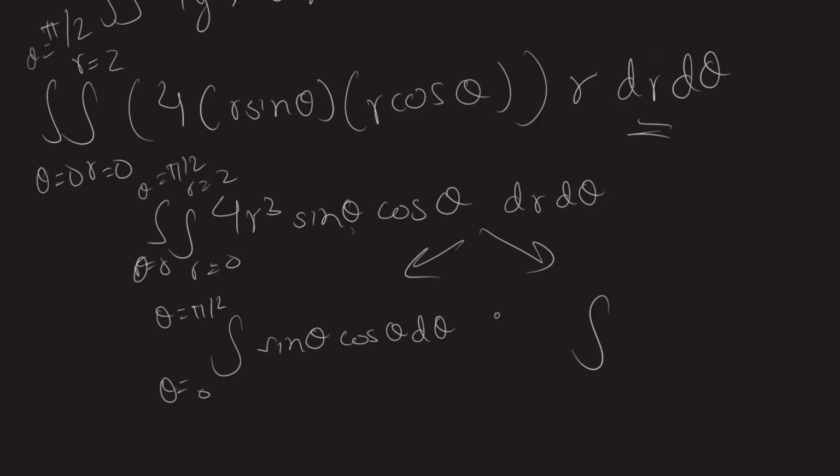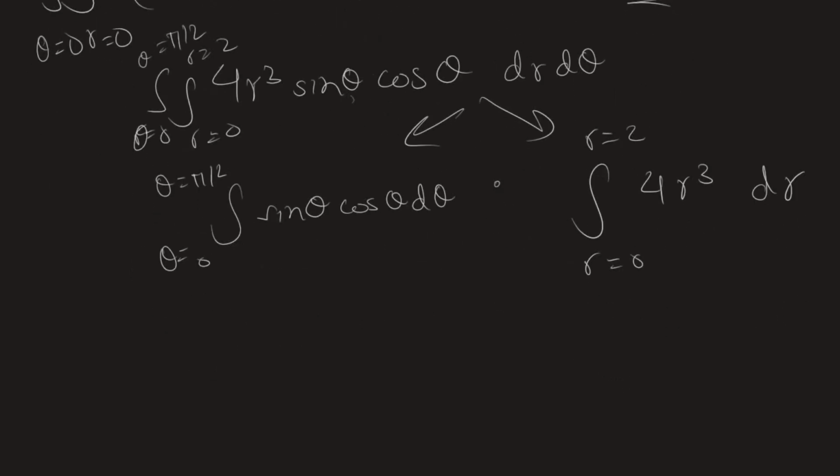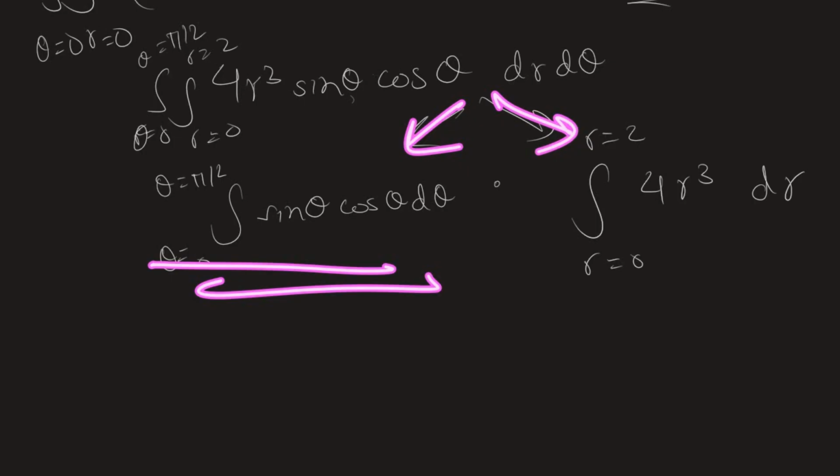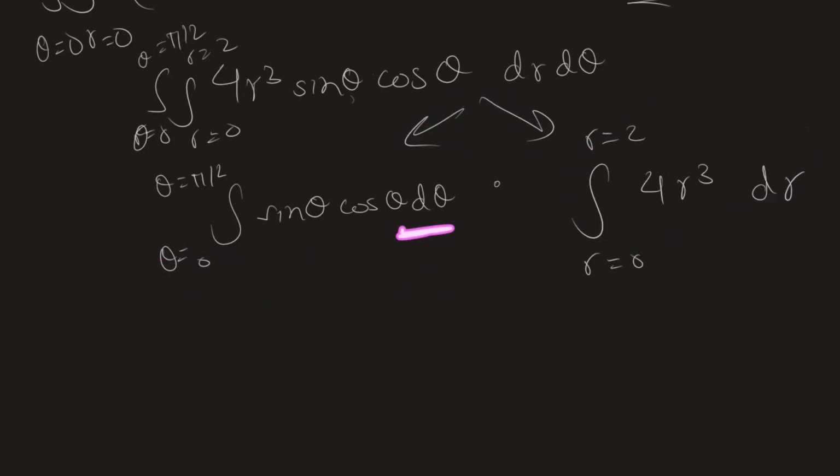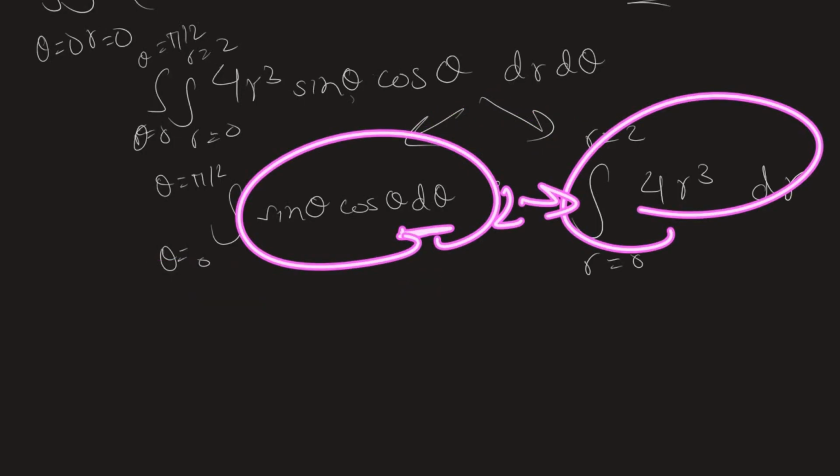And here we split only the r part, which is 4r cubed dr, with r equals 0 to r equals 2. So we have split this integral into two parts. If you don't want to do that, it's totally fine, but to make your life a little easier, you can split it into r and theta, solve for each, and multiply the two together.